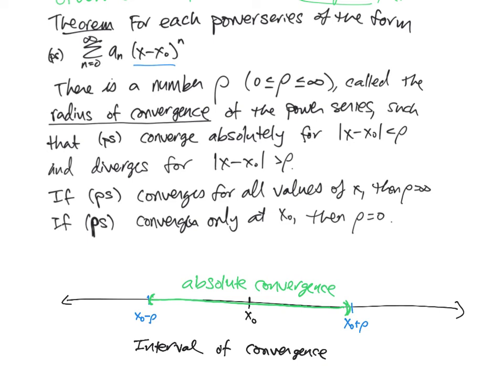And then outside of here, we're going to get divergence. And then right at these values, it's sort of unknown. You've got to check those things individually.